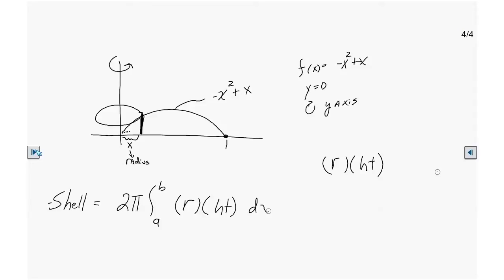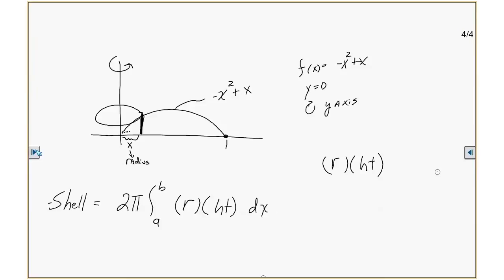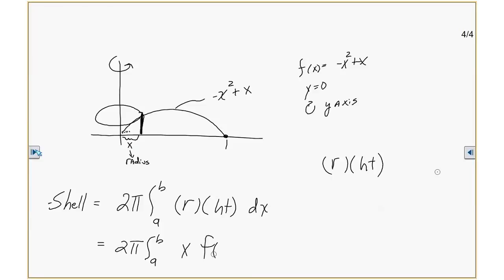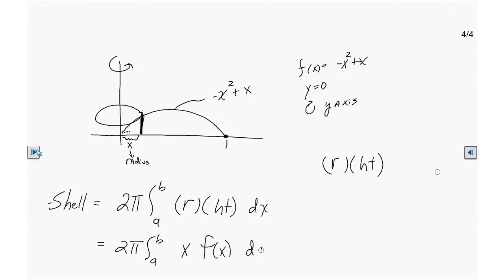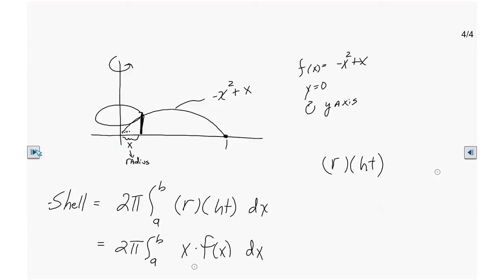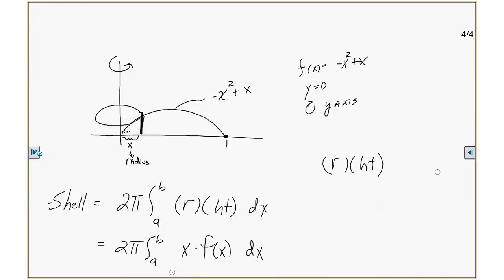Another way you'll see that written in the book is 2 pi from A to B of x times f of x dx. But I don't like to show it like this. I like to show it like this because what is your volume? Radius times your height.